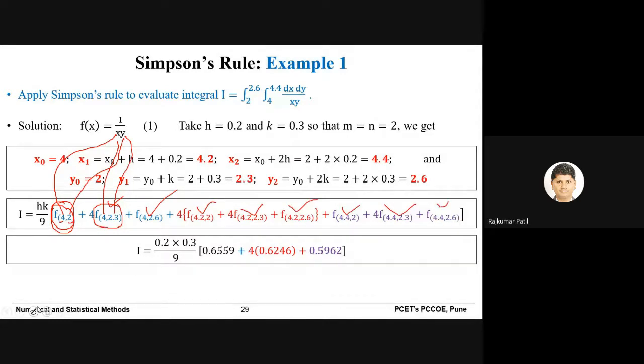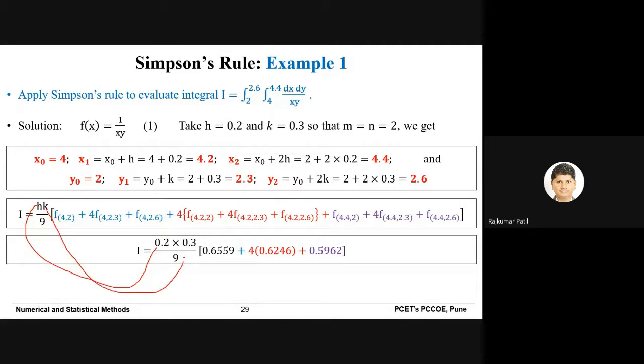So you can do it, and when you do it, again you need to simplify the equation. H is 0.2, K is 0.3 upon 9. The first part of the equation we got as 0.6559.